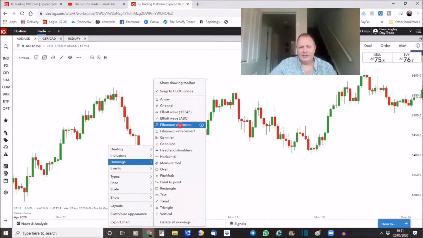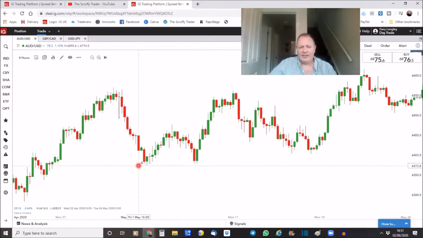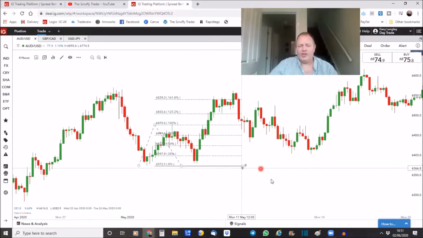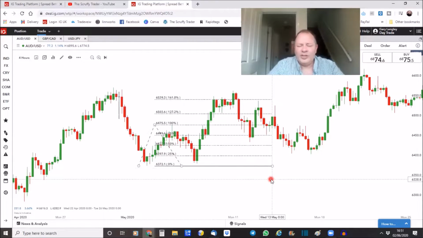The key levels that you're looking for are 127.2 and a golden ratio number, which is 61.8. And as you're going through the levels, it becomes 161.8 because it's 61.8 above the 100%.